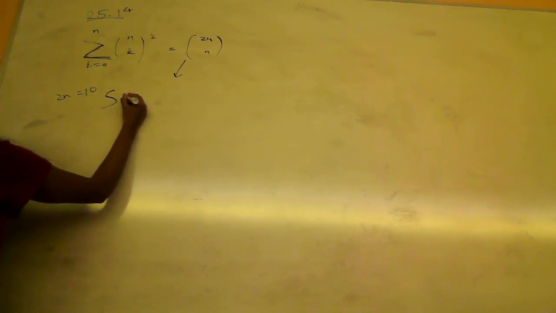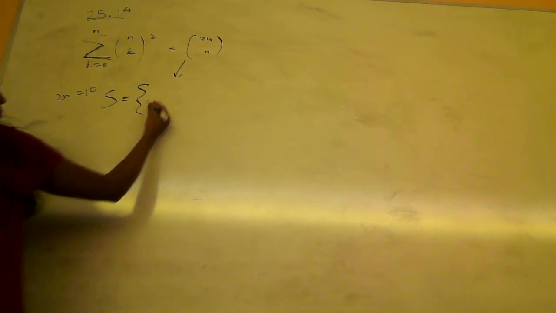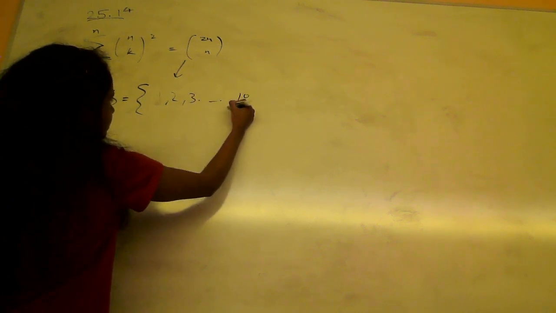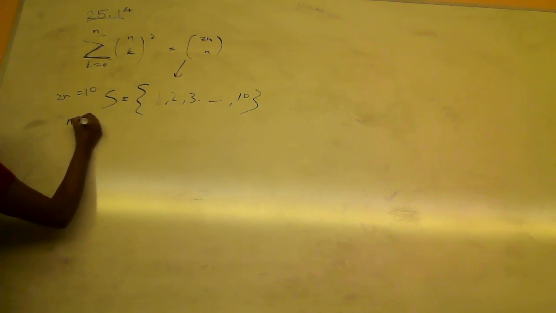Let us assume 2n is 10, and the set from which we are trying to choose n elements is 1, 2, 3 until 10. So let us assume we are trying to choose 5 elements from this set.